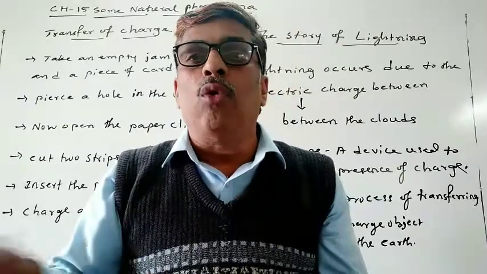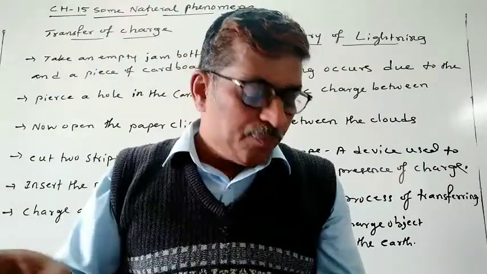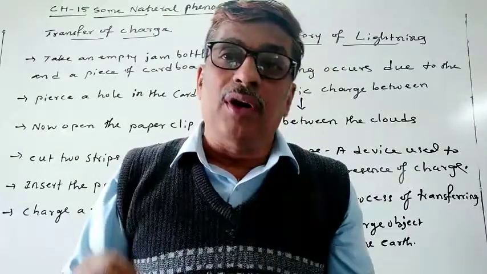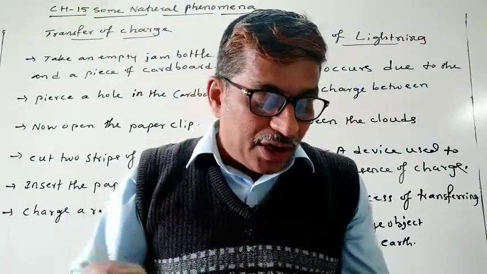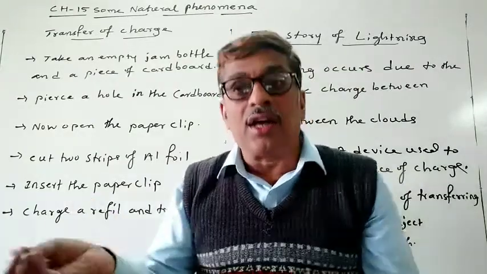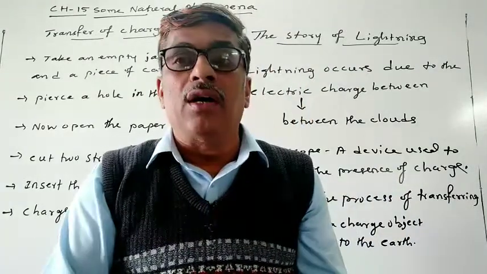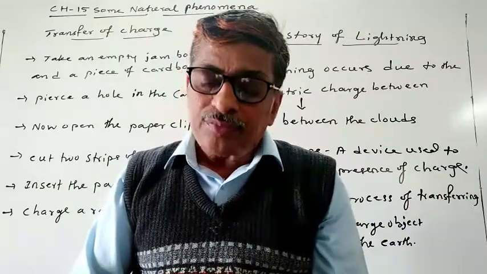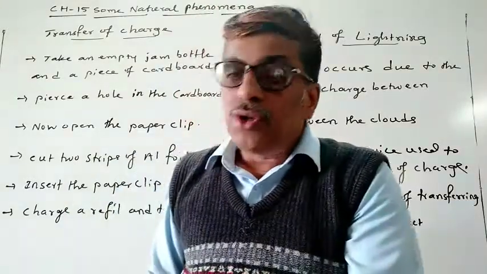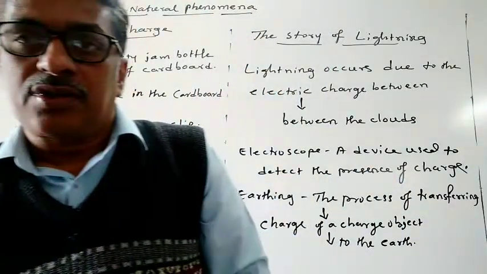They become wide open. The conclusion is that electric charge can be transferred from a charged object to an uncharged object through a metal conductor. So this activity shows that you can transfer charge.